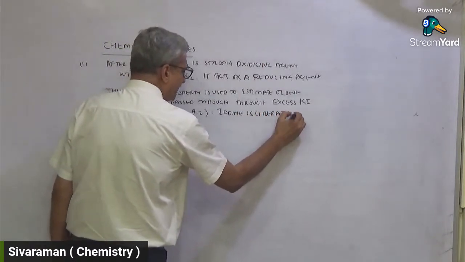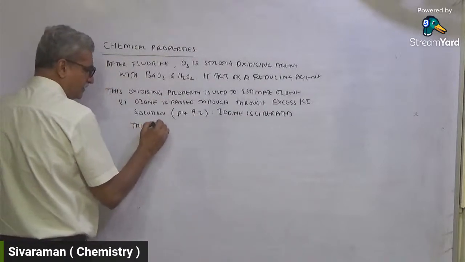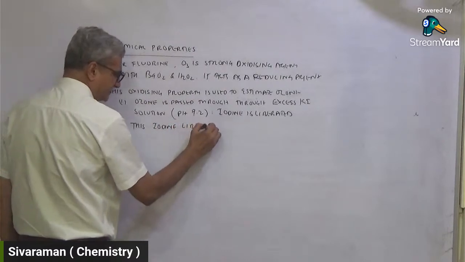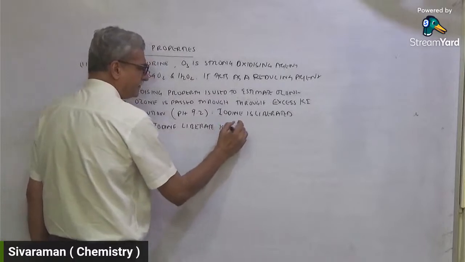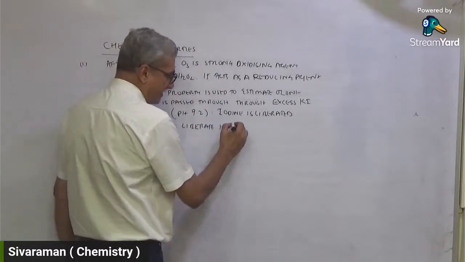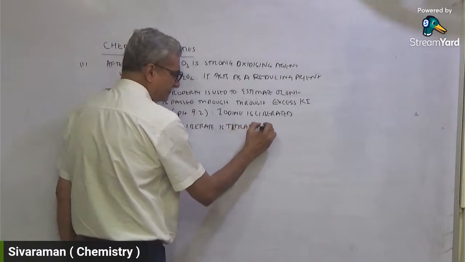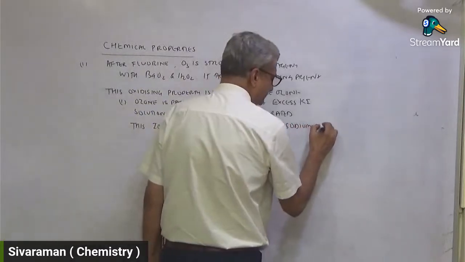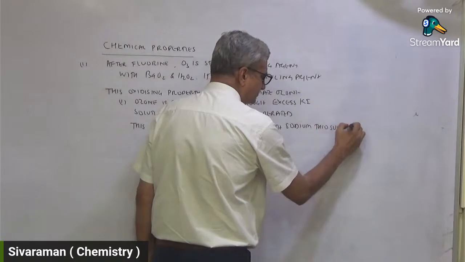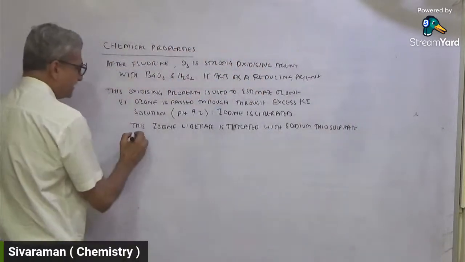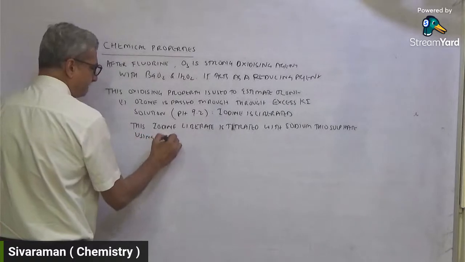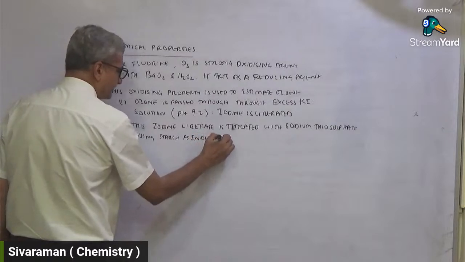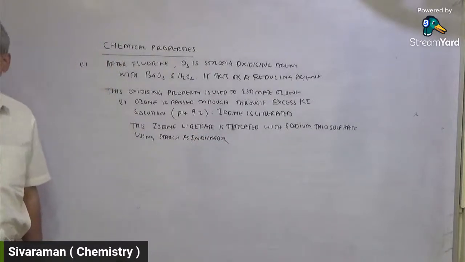This liberated iodine is titrated with sodium thiosulfate, using starch as indicator. So this is the basic as far as this chapter is concerned.